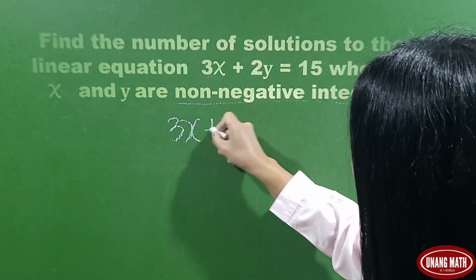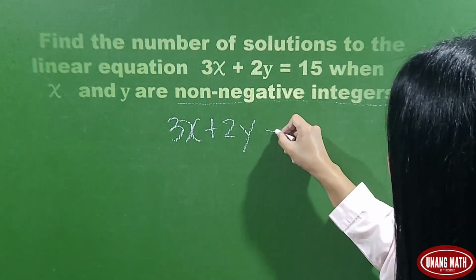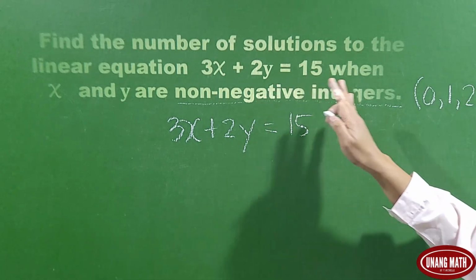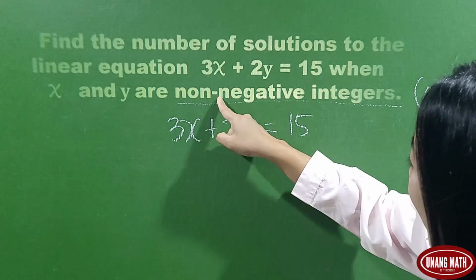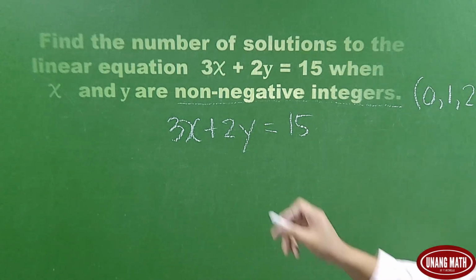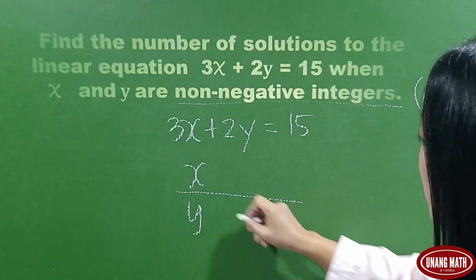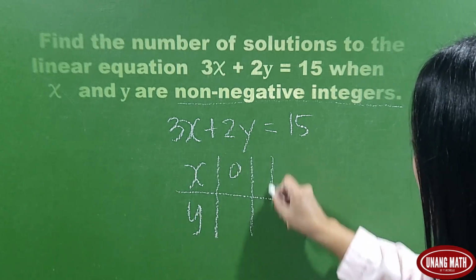So let's get this equation, 3x plus 2y is equal to 15. The numbers that we are trying to find are non-negative integers. Let's see. We will start with 0.